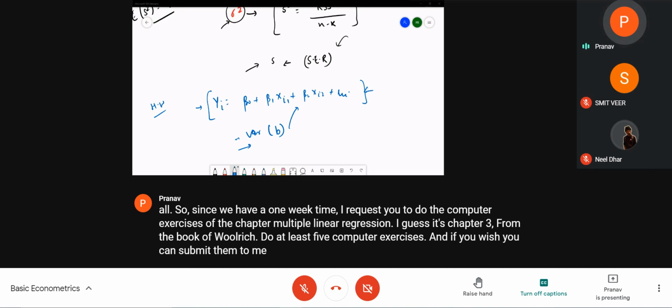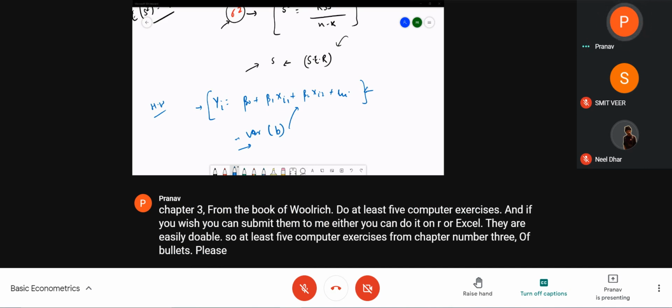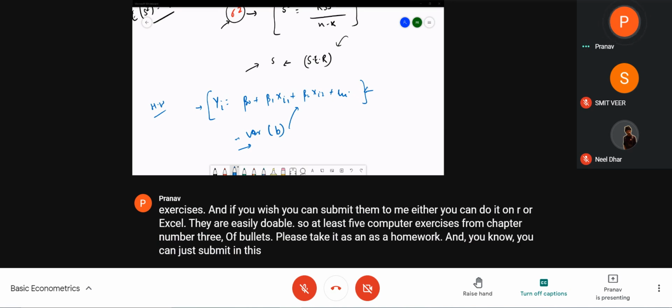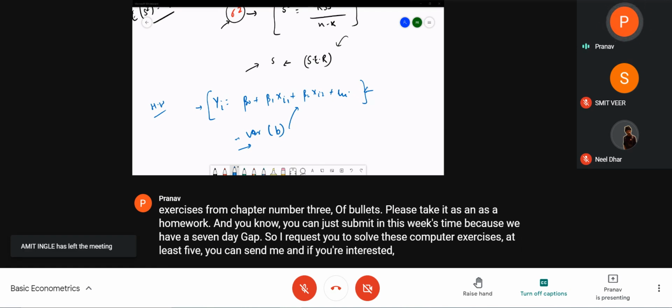Either you can do it on R or Excel, they are easily doable. Please take it as a homework, and you can submit in this week's time because we have a 7-day gap. At least 5 you can send me, and if you're interested you can solve more as well.